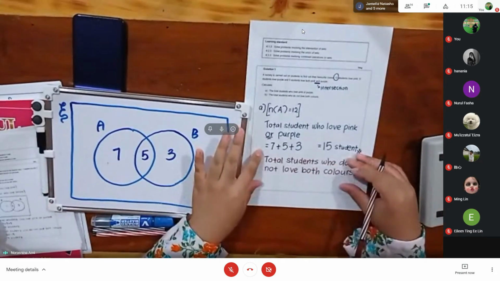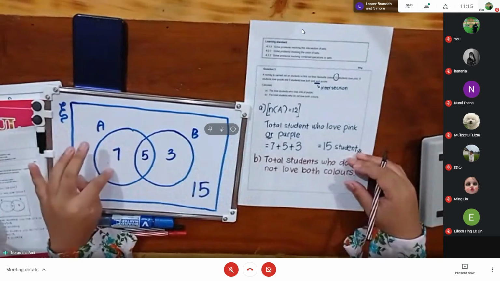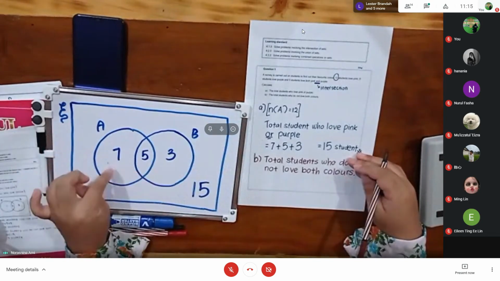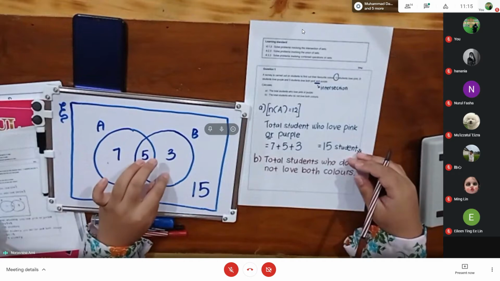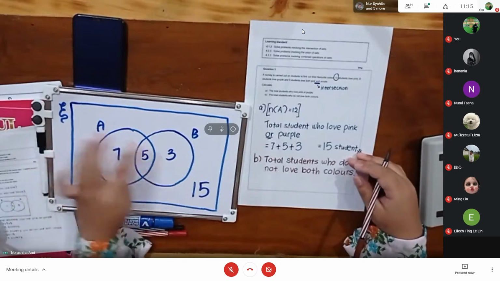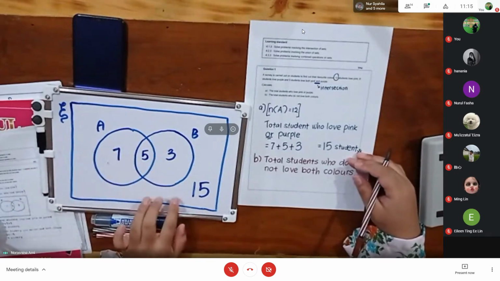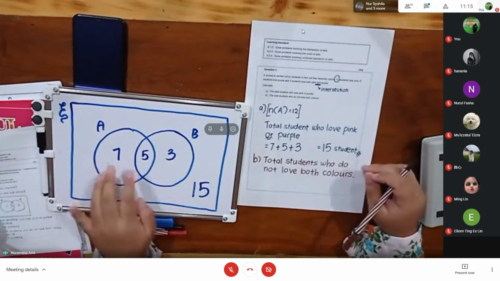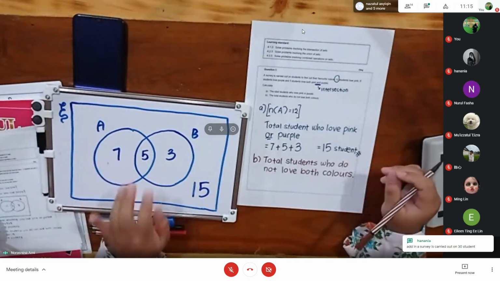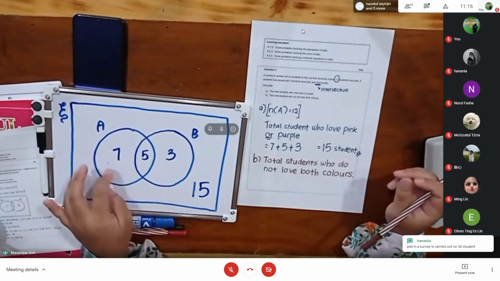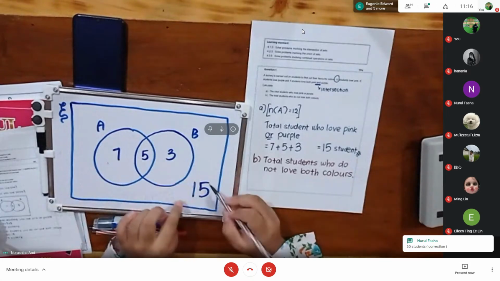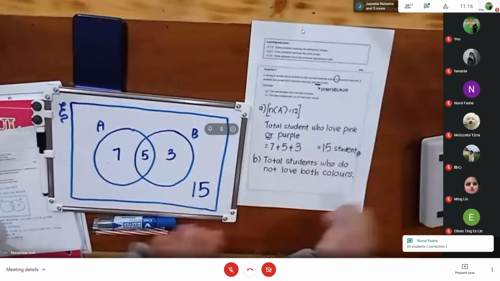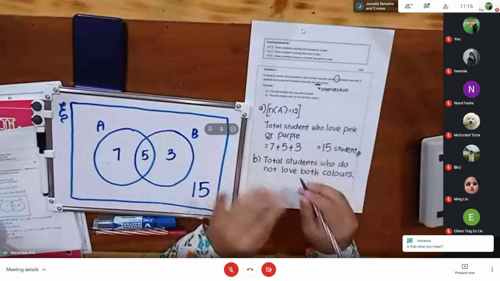So how we do this is, we know that set A and set B are the students who like pink or purple. But outside of this set are the students who do not like pink and purple. So the answer is this one, 15. But we cannot just write 15.